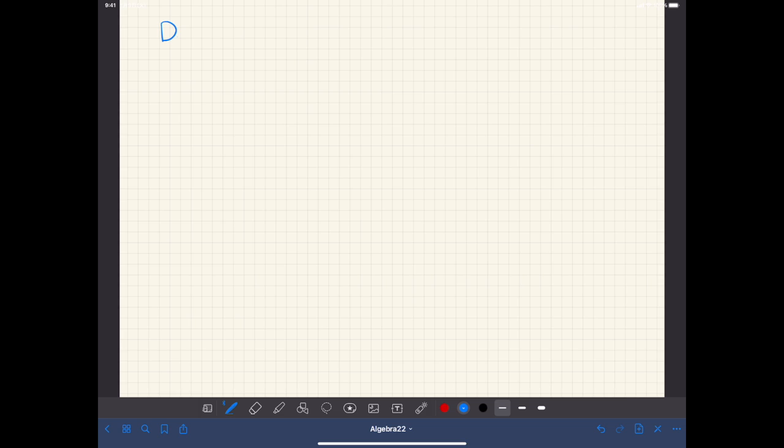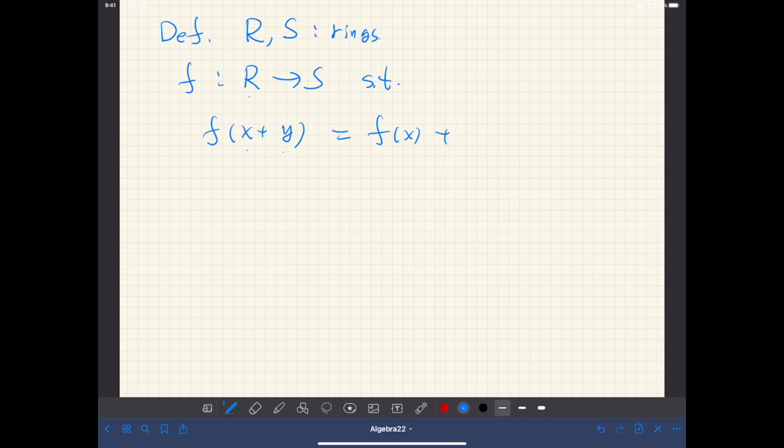Here's the definition of homomorphism. Suppose we have two rings, R and S, and let f be a mapping from R to S such that f of x plus y, where x and y are of course elements of R, is equal to f of x plus f of y.